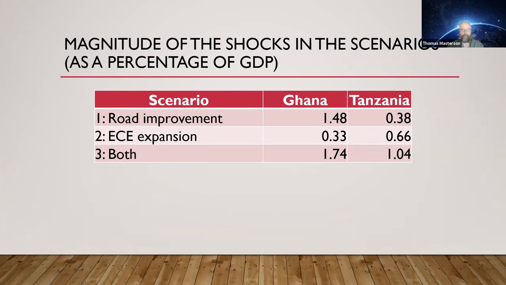You may notice the numbers for Ghana don't quite add up. I'm not sure why that is, and it's the same in the report. So I think we may have something, but the general idea is correct. So these are the scale of the interventions we're talking about compared to the economies of the 2 countries.